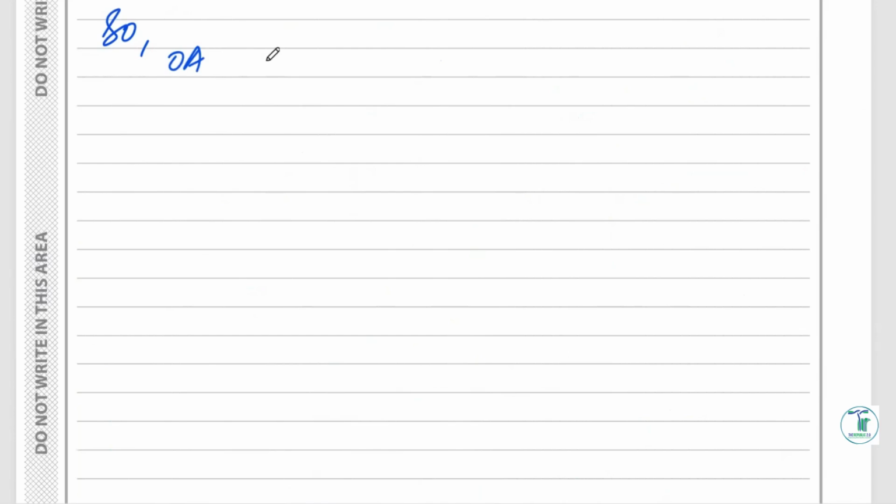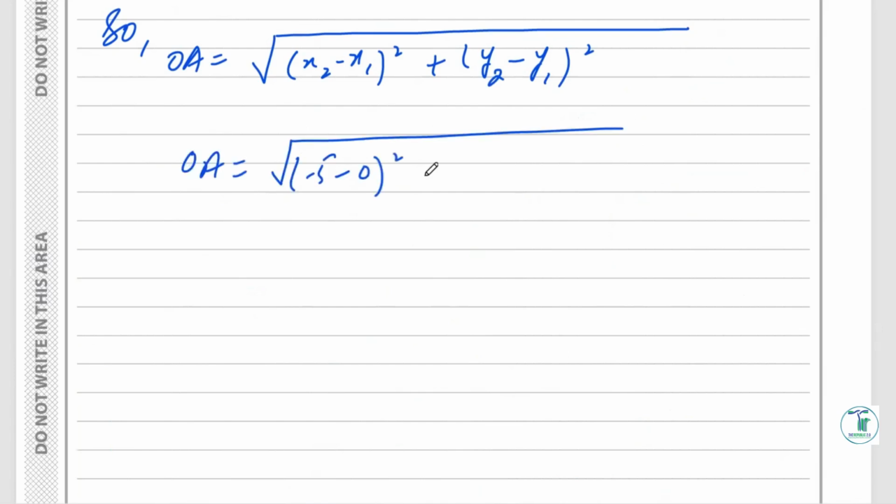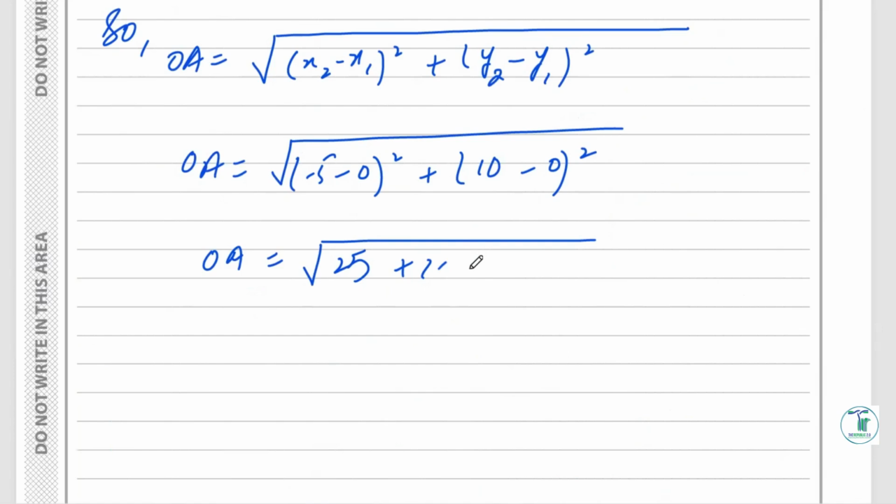OA is going to be the square root of (x2 minus x1) squared plus (y2 minus y1) squared. So I've got (-5 minus 0) squared plus (10 minus 0) squared. So OA comes out to be the square root of 25 plus 100, that is the root of 125.